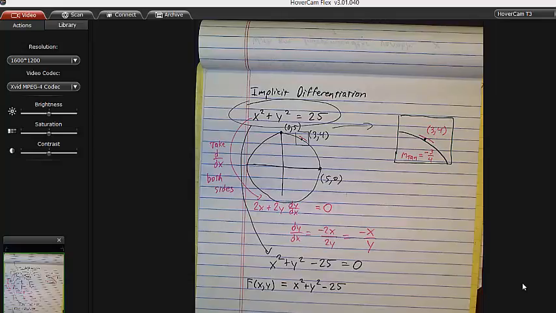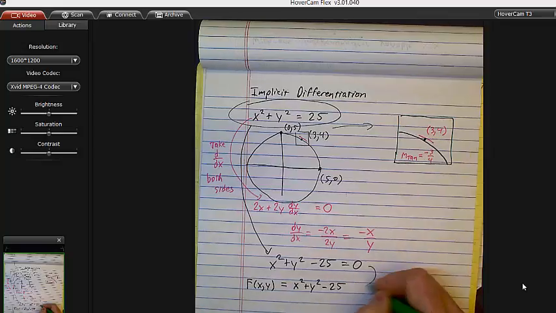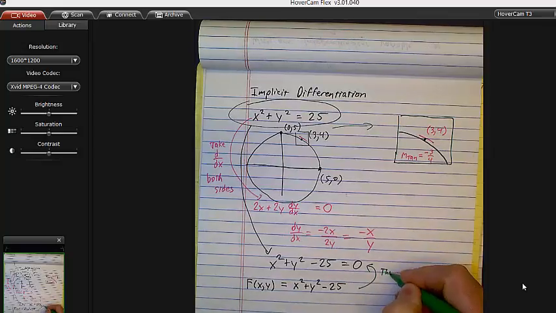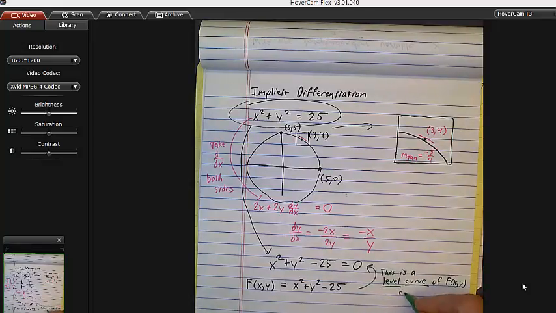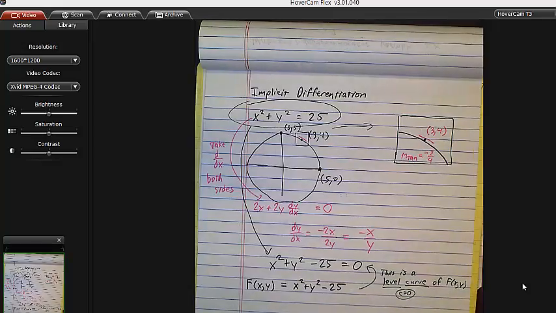And what I end up doing then is I think of this as a level curve. There they are again, guys. They don't go away. It's a level curve of f of x, y, corresponding to c equals 0.